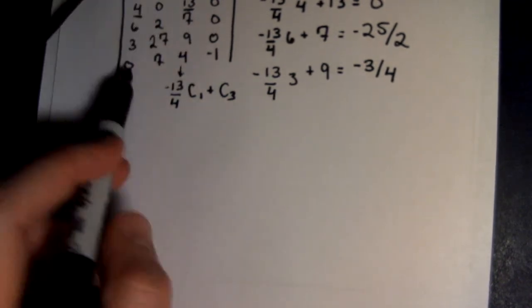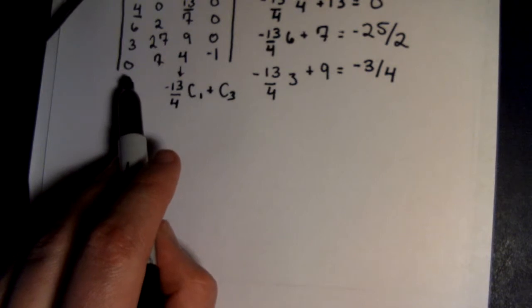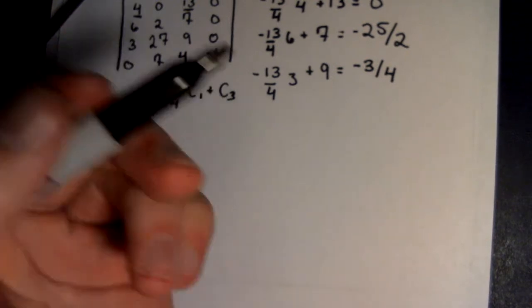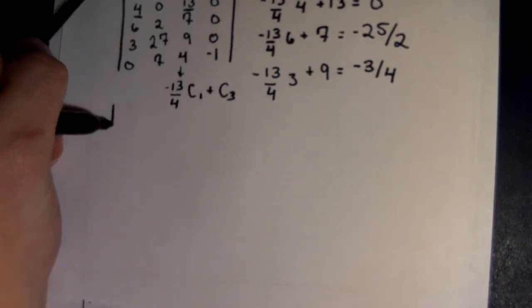We know that 0 times negative 13 over 4 is just 0. And negative 1 plus 4 will be 4. So the matrix rewritten will be as follows.